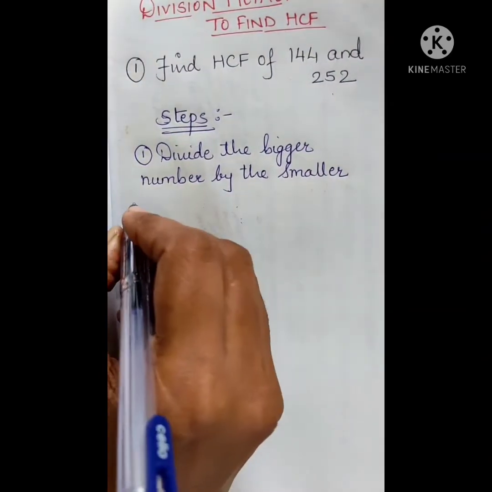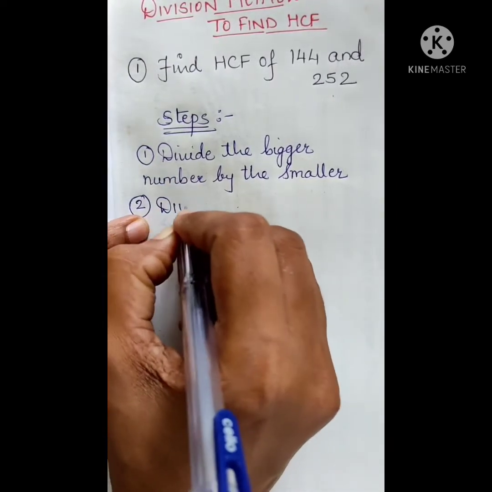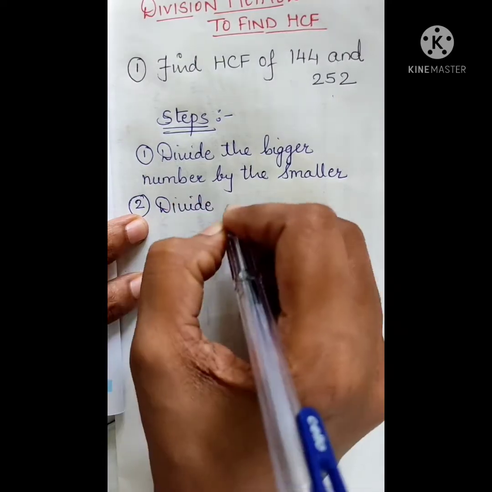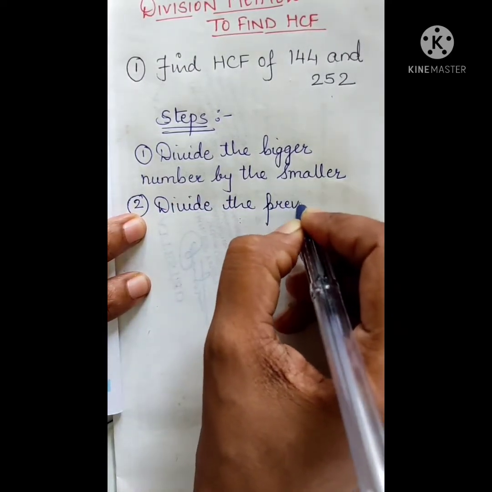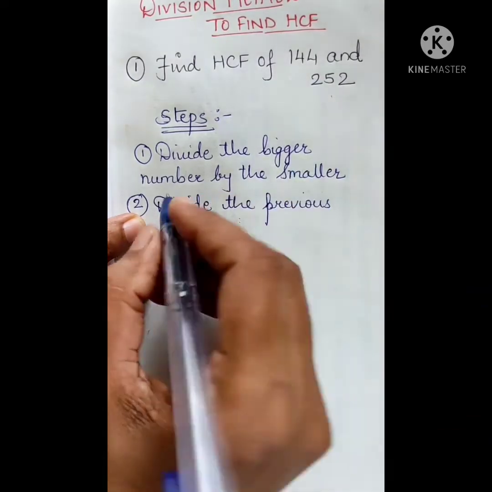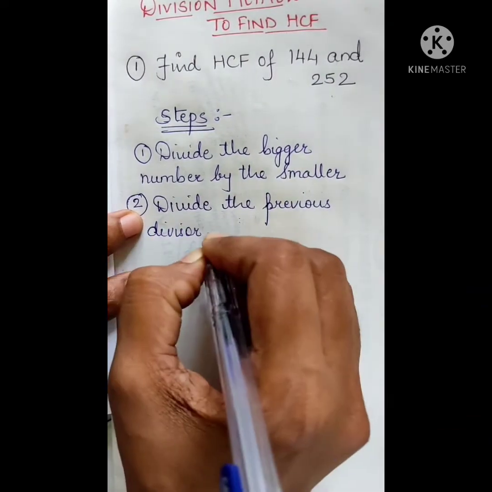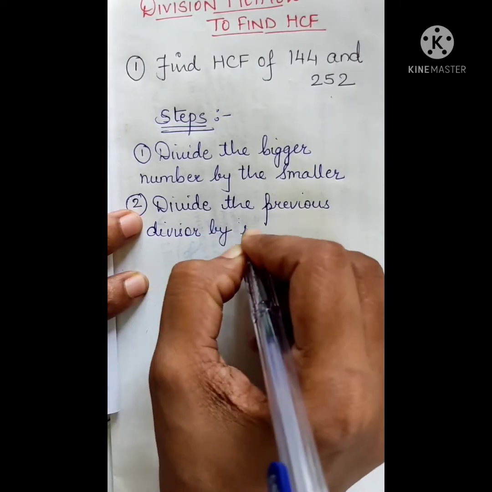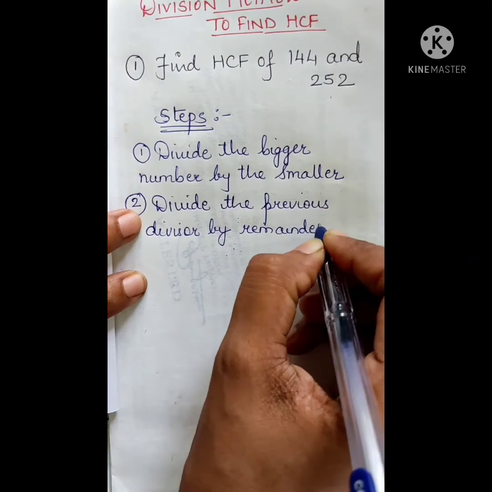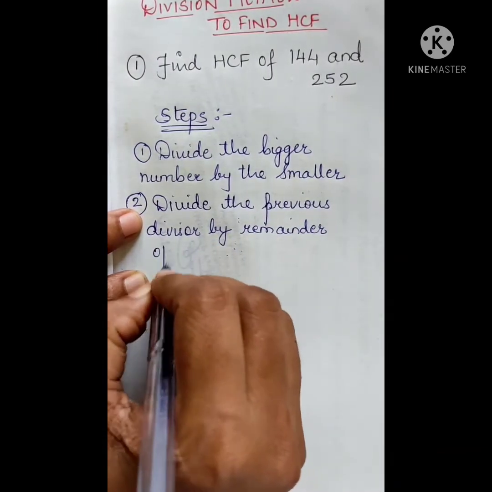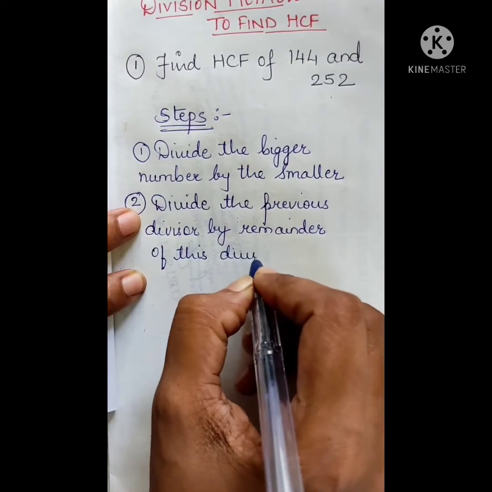Then the second step is that we have to divide the previous divisor by the remainder of this division.